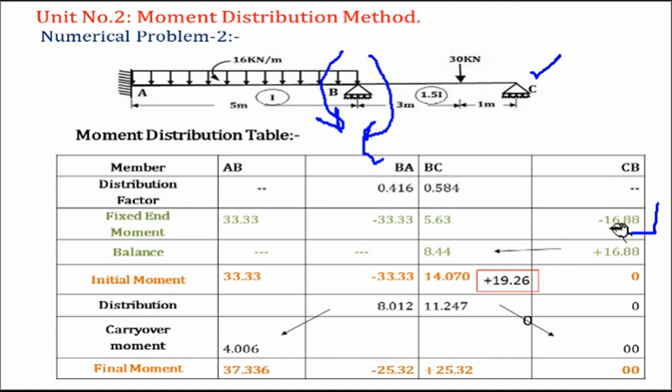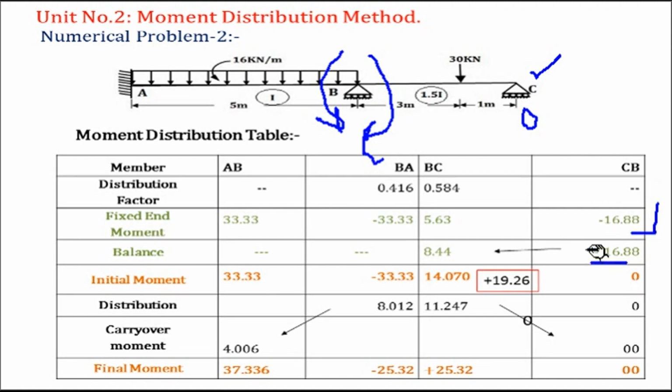So to maintain the balance, you have to take plus 16.88. So minus 16.88 plus 16.88 is equal to 0. So we make this moment 0 because a simply supported end does not take any moment at its end.